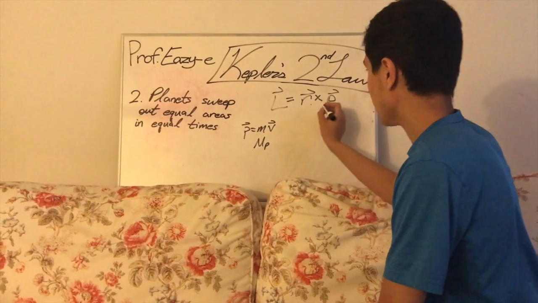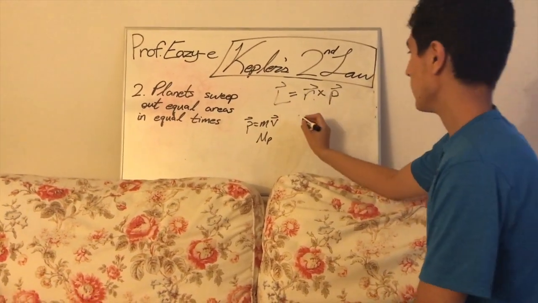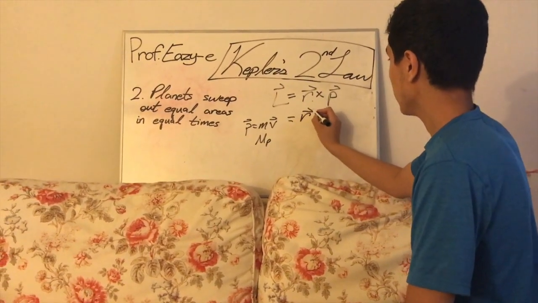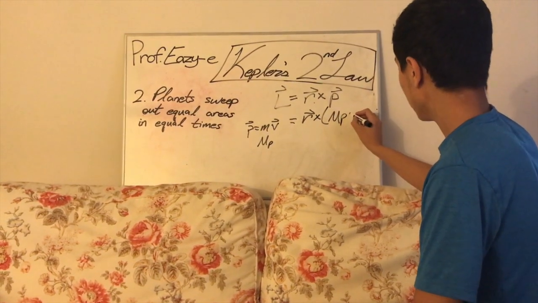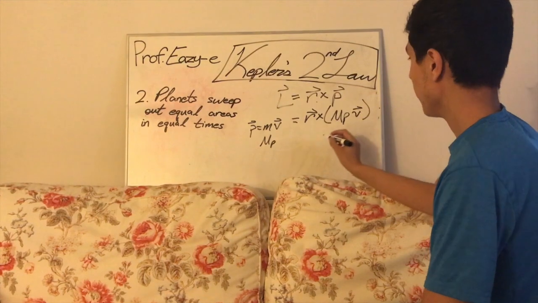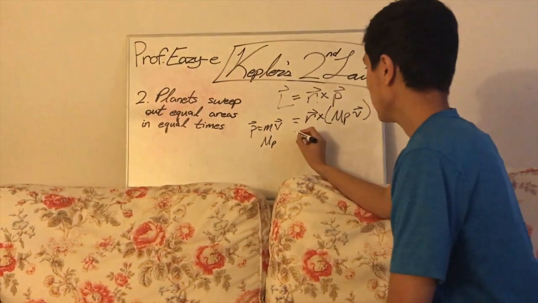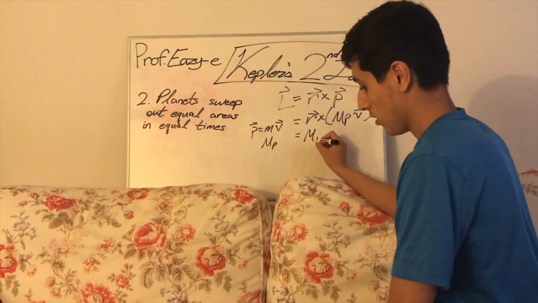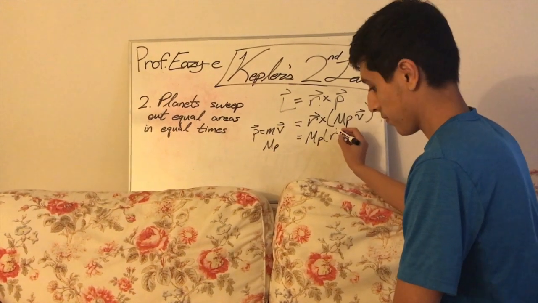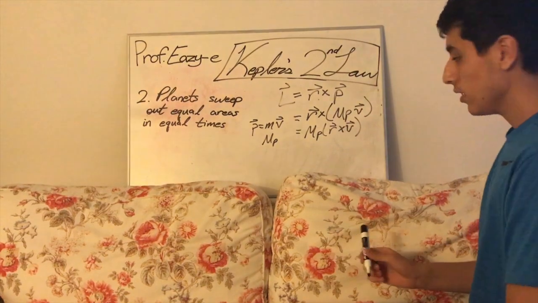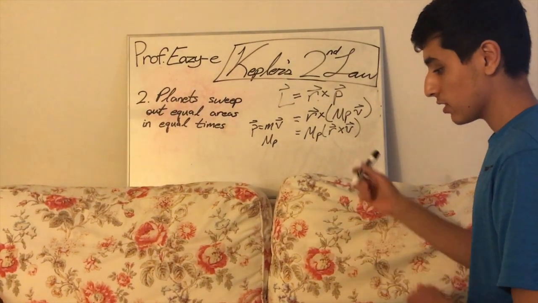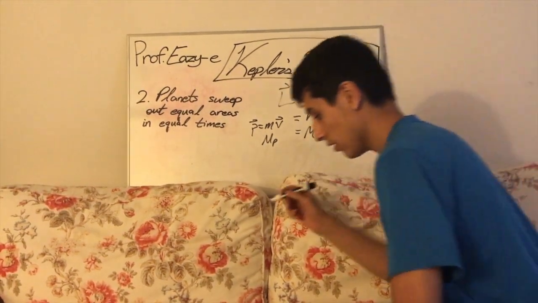So we can plug in mv for p, and we get r cross mp times v. Here we can just bring the mp out, so we get mp times r cross v. But we can make a substitution for r in this case.